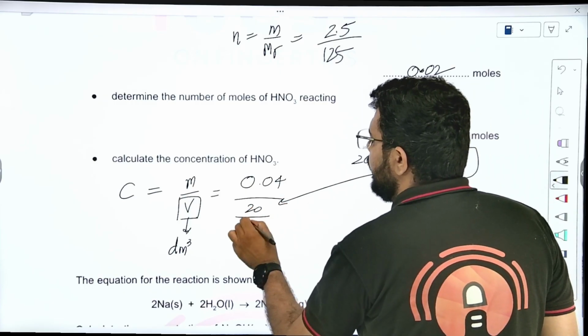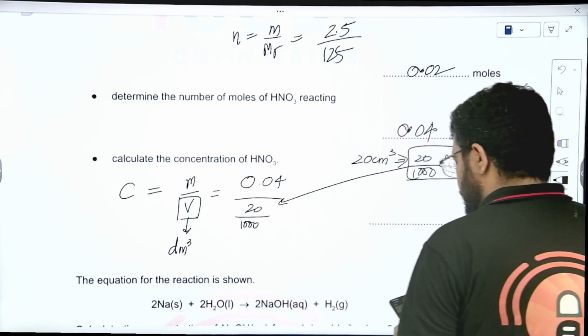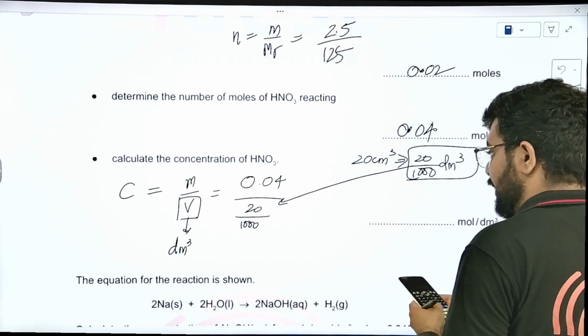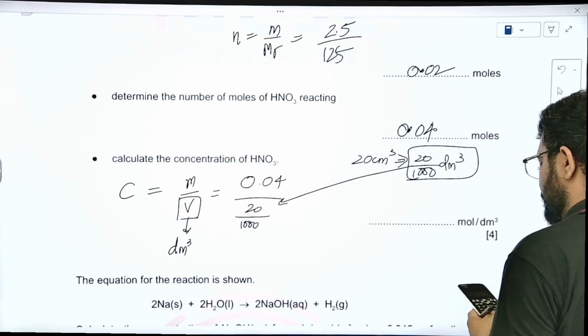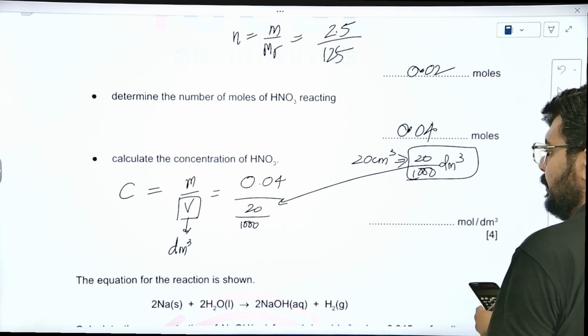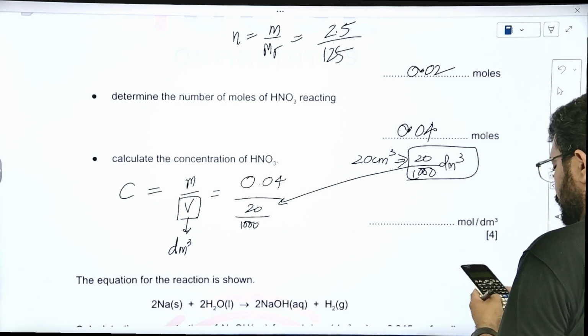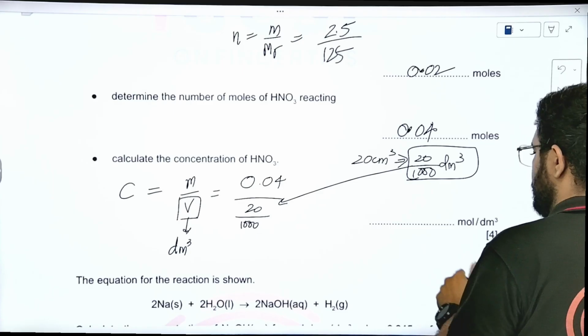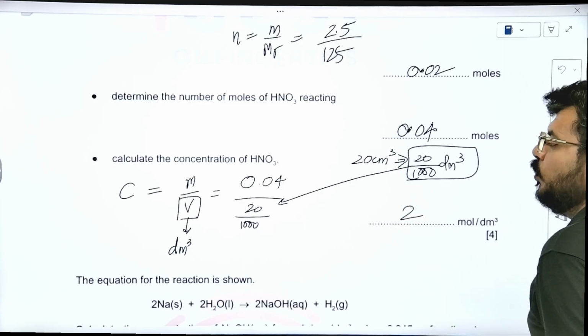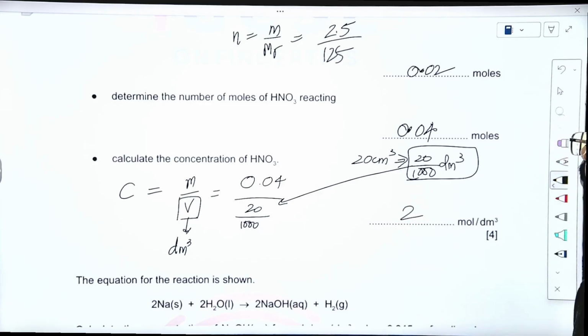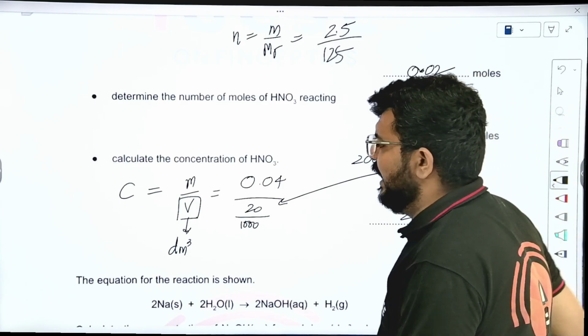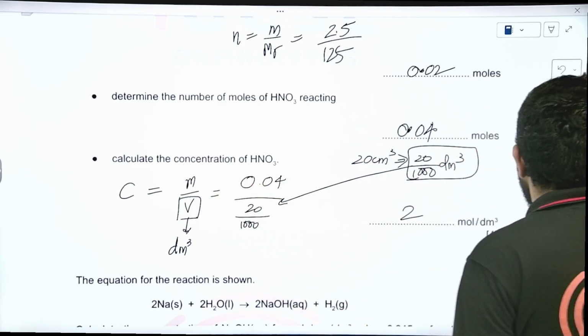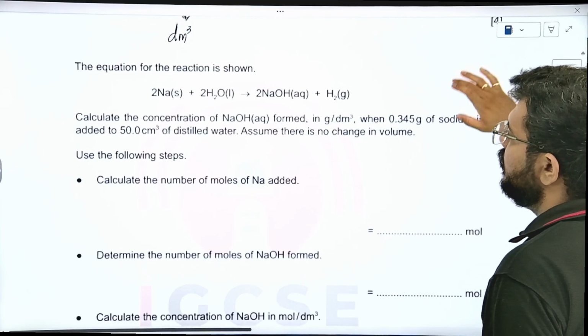You have a calculator, you can easily calculate this. So 0.04 divided by 20 and that divided by 1000, right? So it gives me 2 mole per dm cube. The concentration of HNO3 is 2 mole per dm cube.